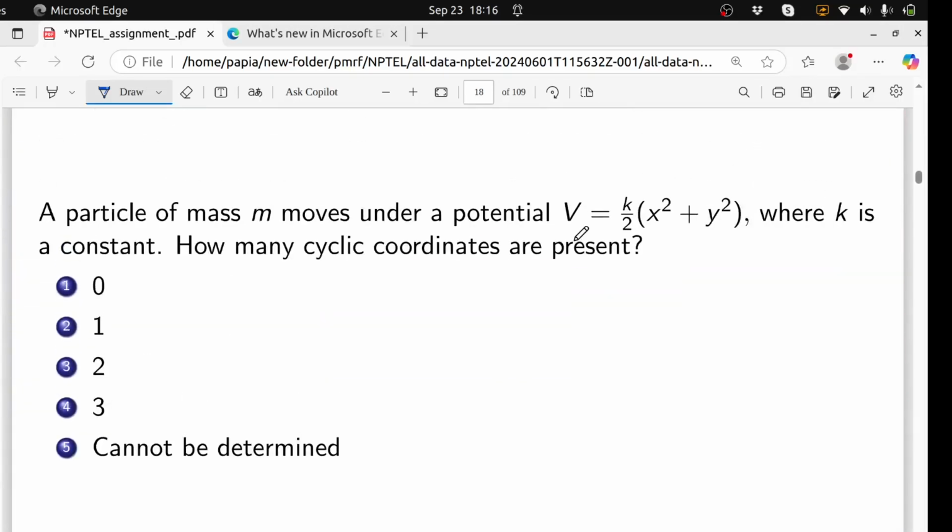So for this case, how many cyclic coordinates are present? It is 1. Okay, fine.